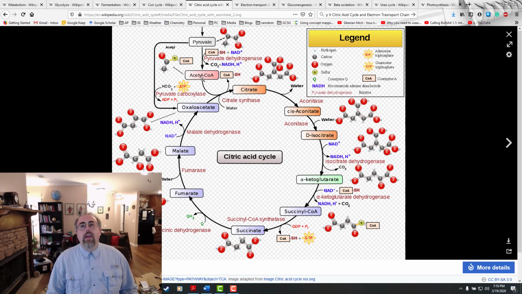Now, acetyl-CoA is a rather large cofactor that is grabbing a hold of what is basically two carbons. So you're going to take the pyruvate, you're going to lose one carbon, you're going to get a CO2. Whenever you get a CO2 off, that's a one-way reaction. It is very, very hard to go backwards, to the point where basically you can't.